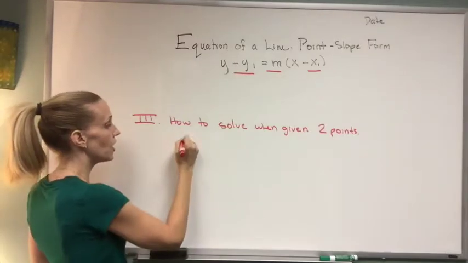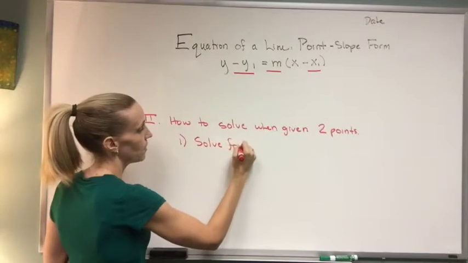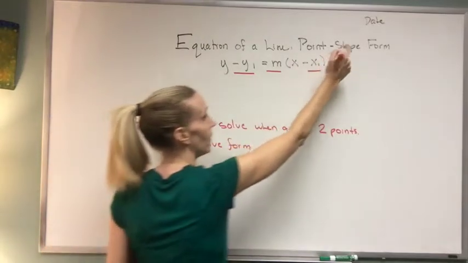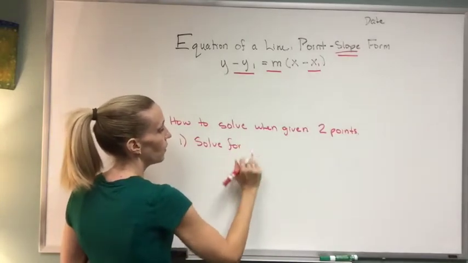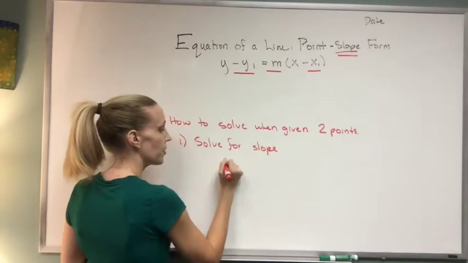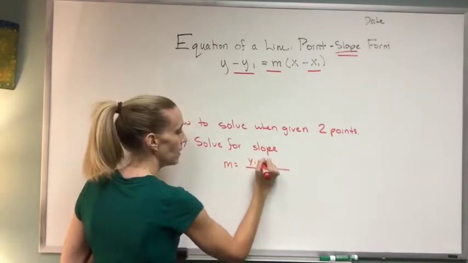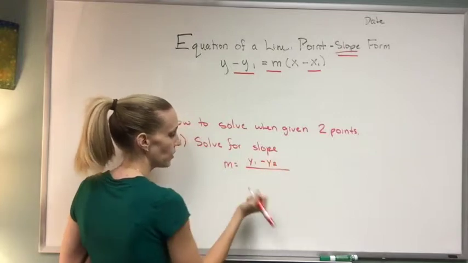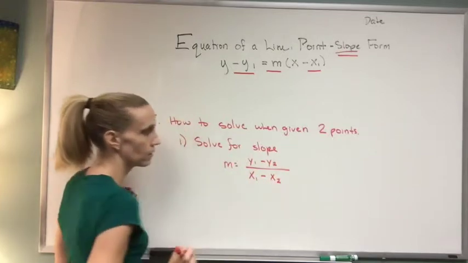So our first step is you have to solve for your slope. Because remember, this is point slope formula. So you need to know what your slope is. So you're going to solve for slope. And remember, your equation is m equals y1 minus y2 over x1 minus x2.